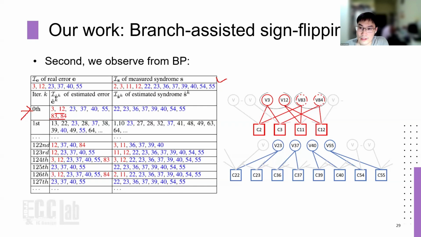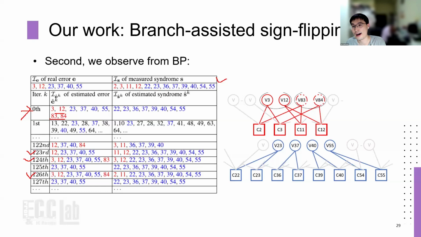We use red to mark those indistinguishable patterns, while blue indicates distinguishable. During the iteration, we can also observe that the estimated syndrome might be close to the measured real syndrome. For example, the 23rd, 24th and 26th iterations are close to the measured syndrome.